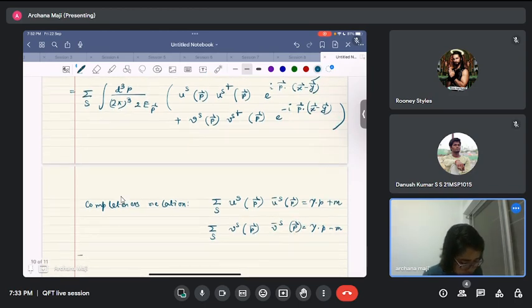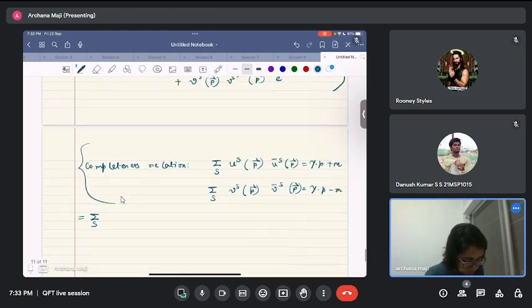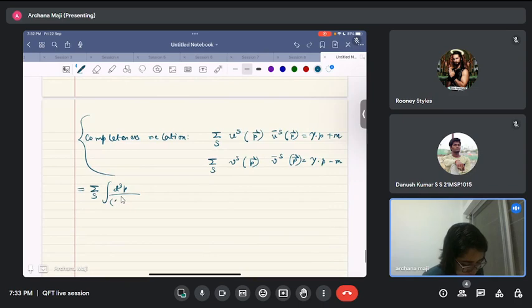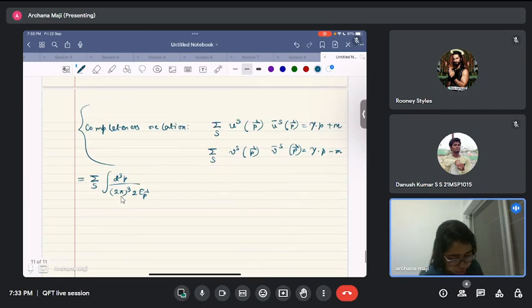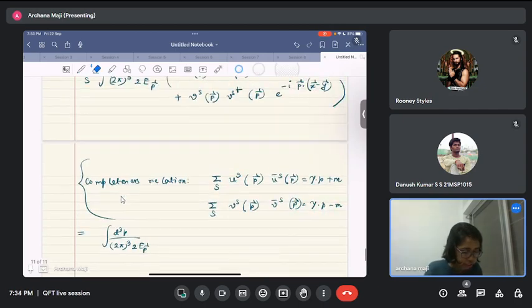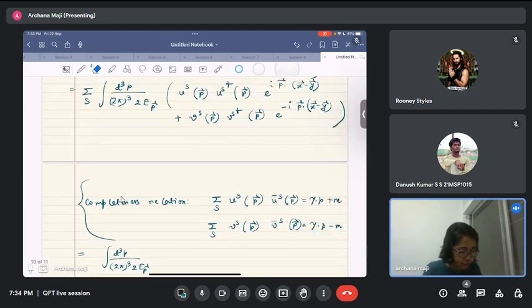So this is equal to summation over S, integration d3p over 2 pi cube, 2E_P. Okay, so summation over S we are taking inside to write this particular relation.